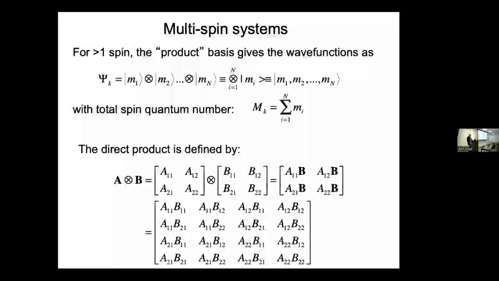All we have to do is take the direct product of all of those. And the total spin quantum number is just the sum of the individual quantum numbers. And there's a definition of a direct product. The direct product is shown by this circle with the multiplication sign in it. And it's ordered. So A direct product with B, each element of A is multiplied by the matrix B, so that the full dimensionality of the matrix then increases.